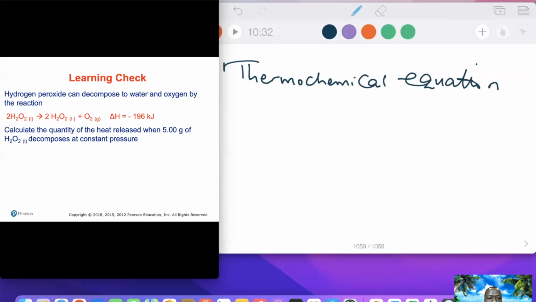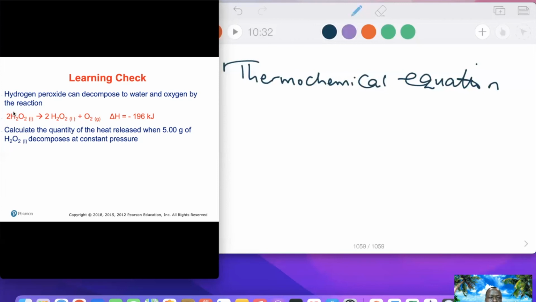Now calculate the quantity of heat released when 5.00 grams of hydrogen peroxide decomposes at constant pressure. How to interpret a thermochemical equation is based on the stoichiometric coefficients in the balanced equation.